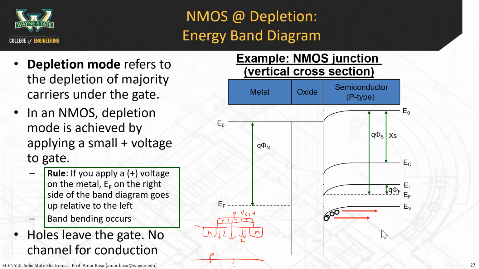Because you pushed the holes away, but you didn't bring any electrons up to create a channel. Correct. So going from source to drain, you're going from N-type to P-type to N-type. So you have two back-to-back diodes. There's no conductive channel going through there. There's no electrical connection between the source and the drain.